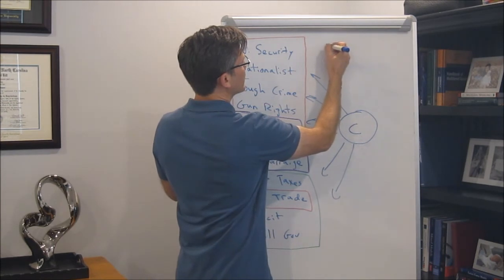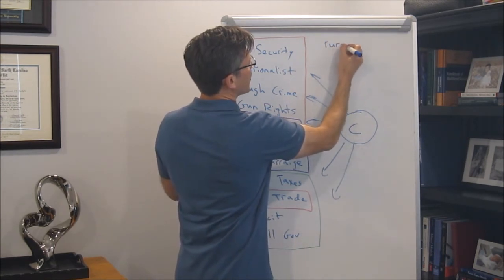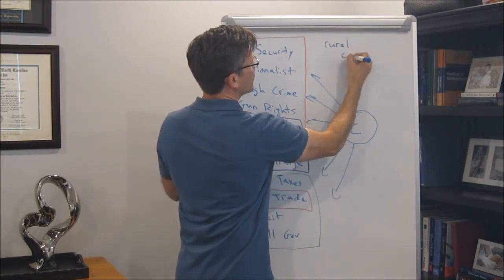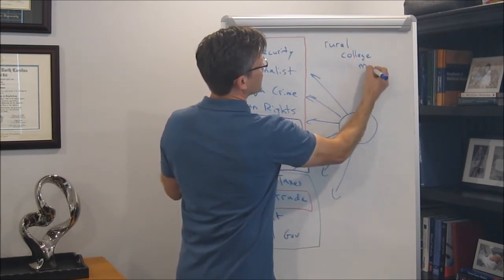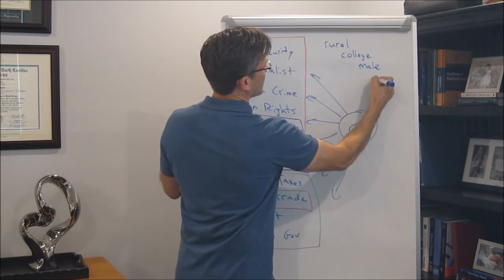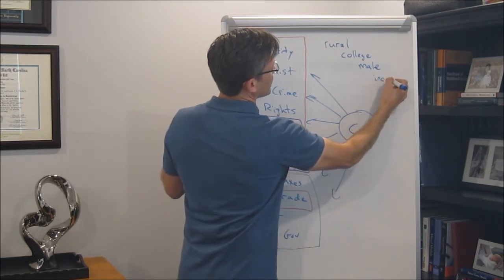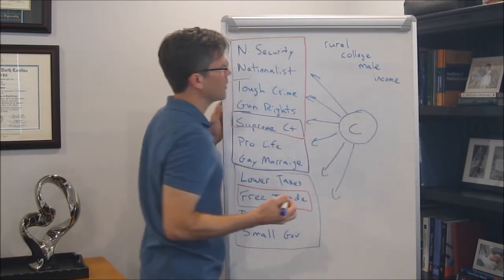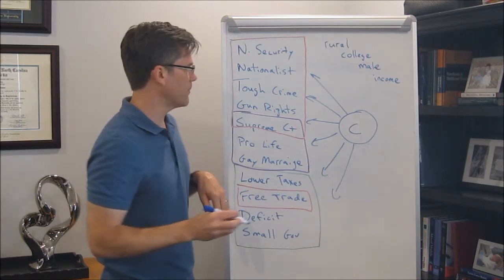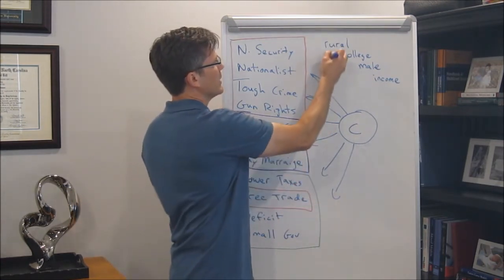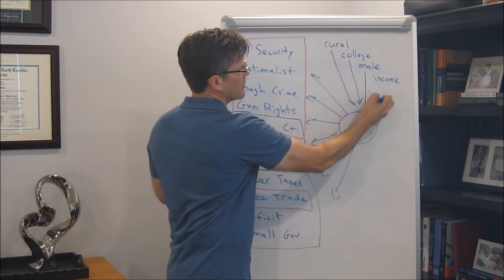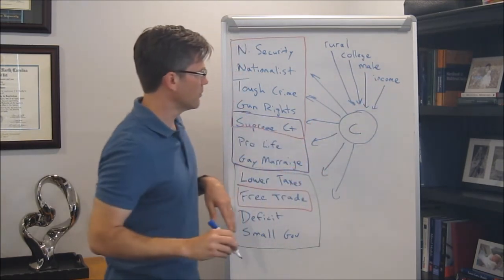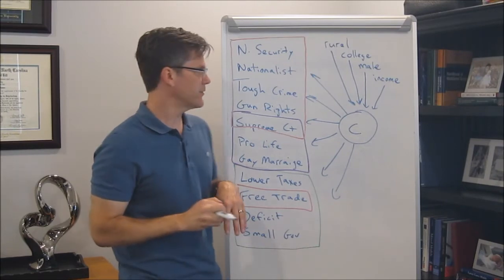And so we might include a number of predictor variables, whether someone comes from a rural community, whether someone is college educated, whether the person is male, maybe their income. Right? So these might be a few different demographic variables that we could use to try to predict what class a person is in, and so we would regress latent class membership on these 4 predictor variables to see, do we get some predictive power.